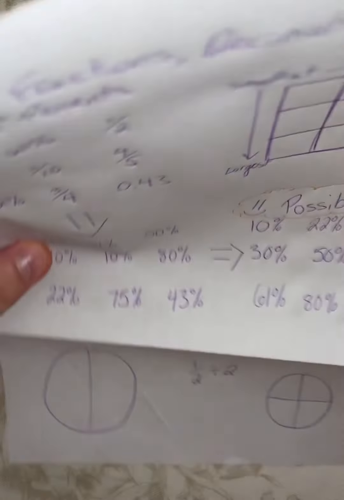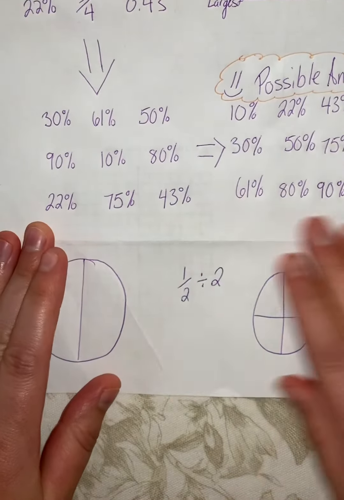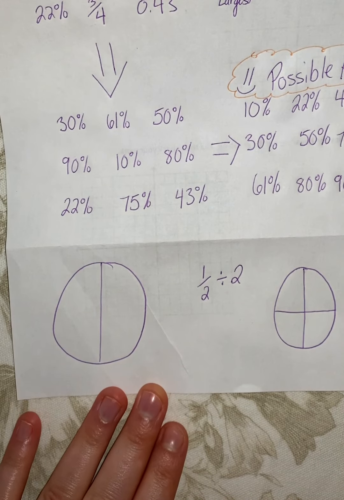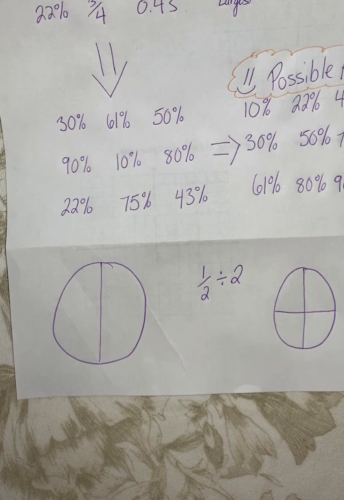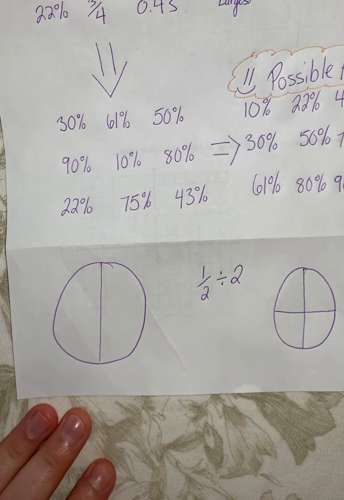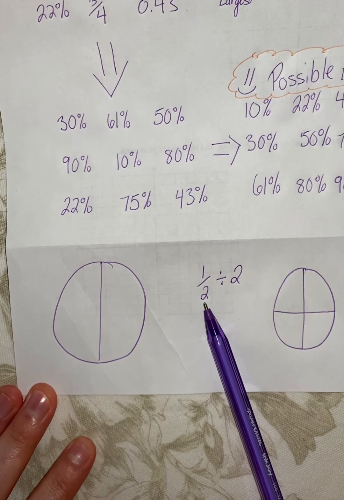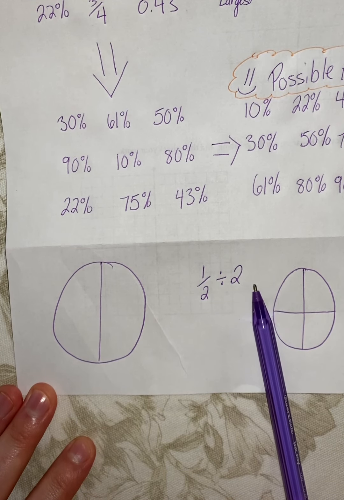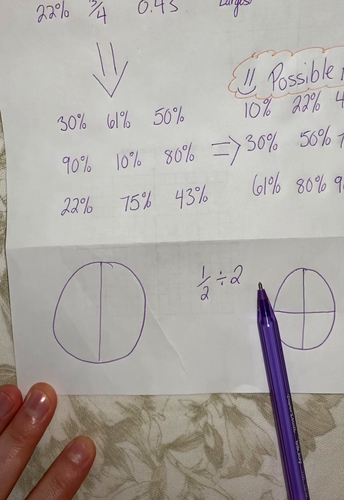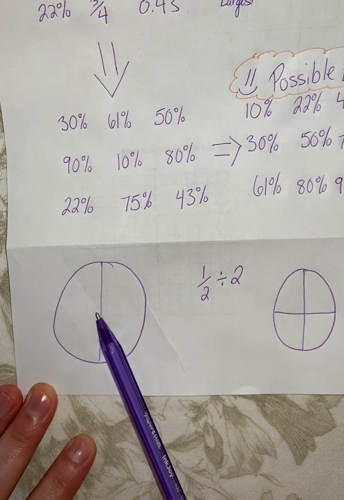Okie doke. So I just wanted to give a quick explanation for anything that you didn't feel was covered in the video. Why are we multiplying by the reciprocal of the second fraction when we're dividing? Essentially, I'll explain it to you with a picture.